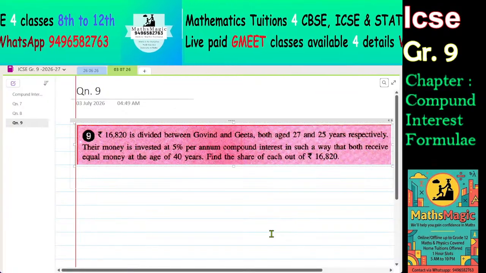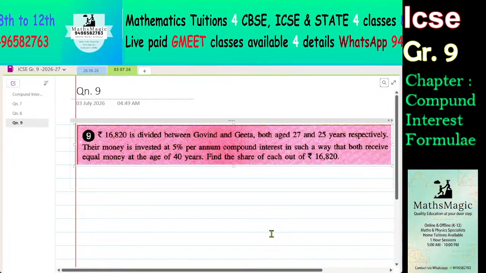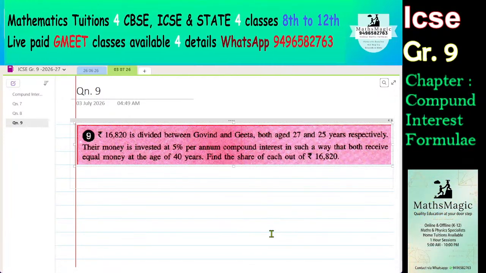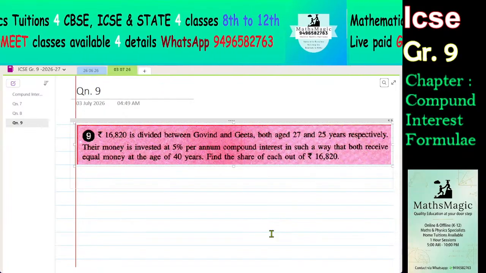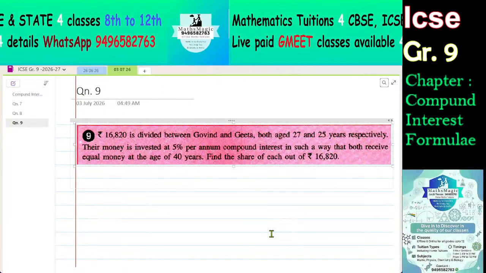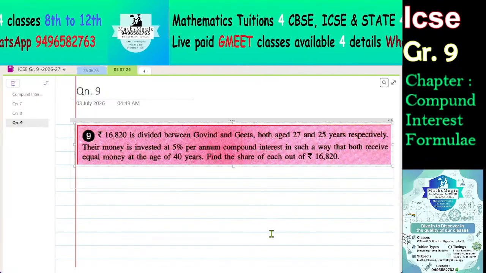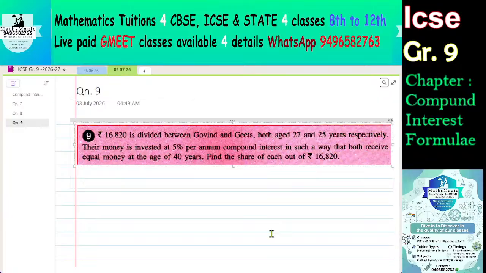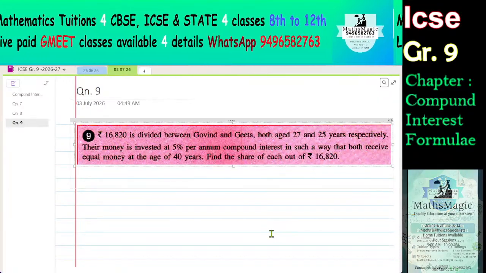The money is invested at 5% per annum compound interest in such a way that both receive equal money at the age of 40 years, and the share of each out of 16,820.